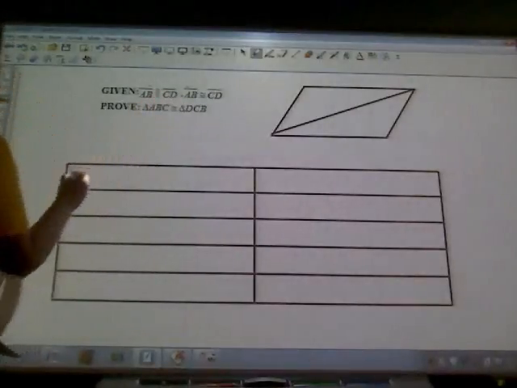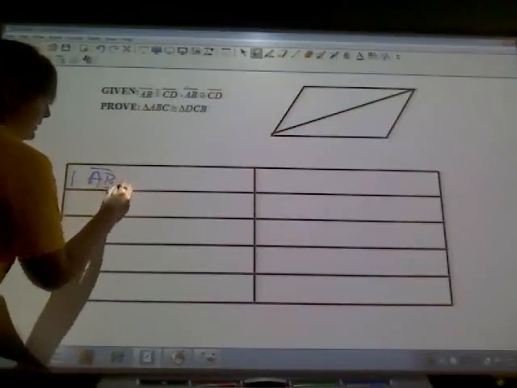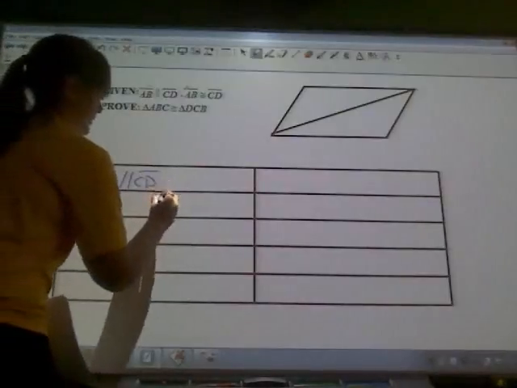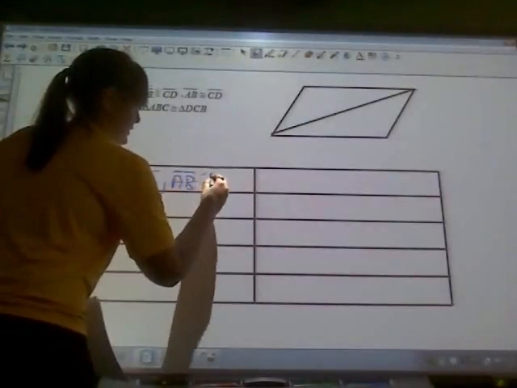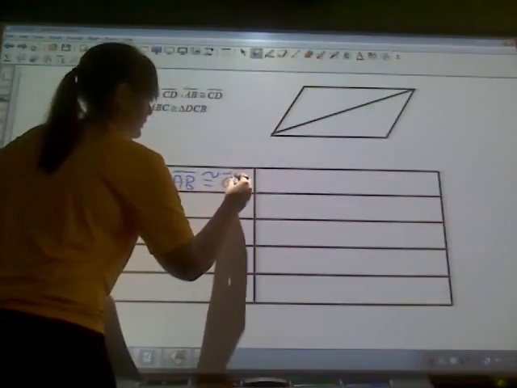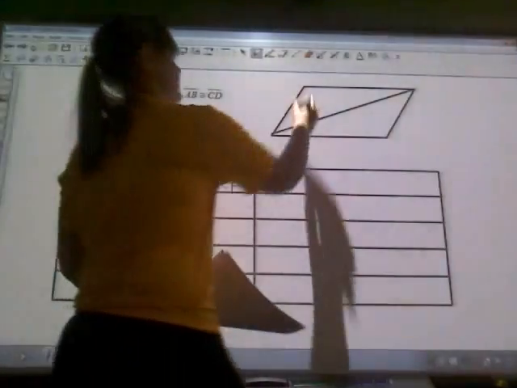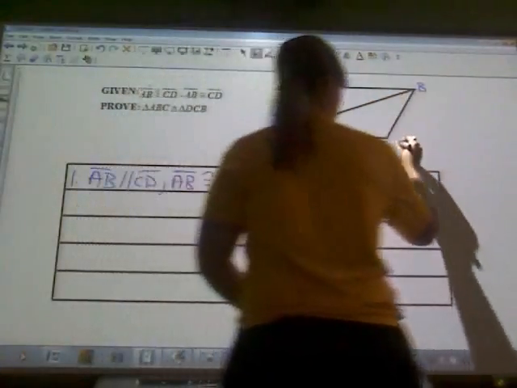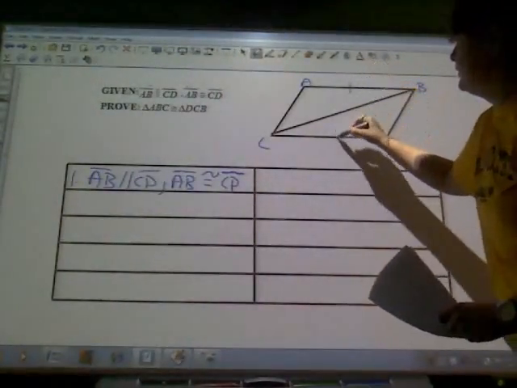So we're given that segment AB is parallel to segment CB, and we're also told that AB is congruent. Marking this on the diagram.